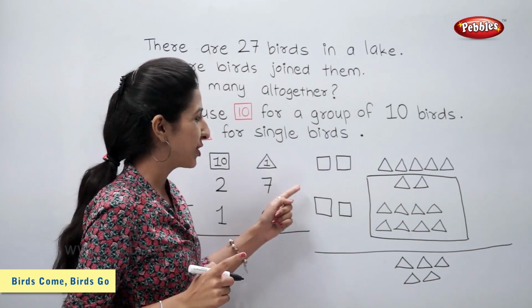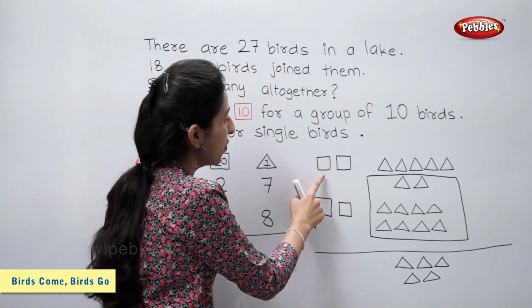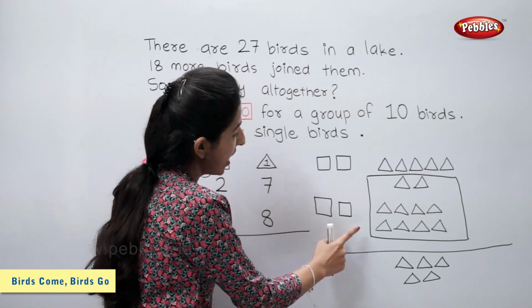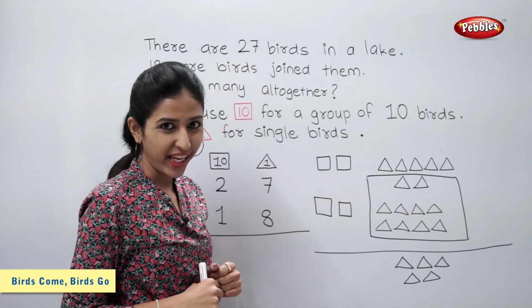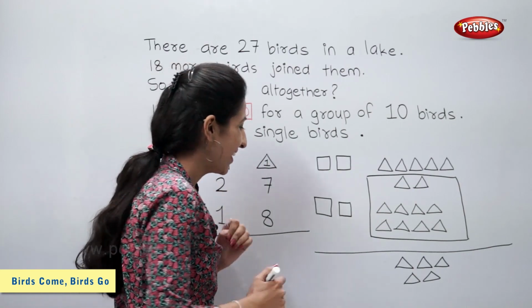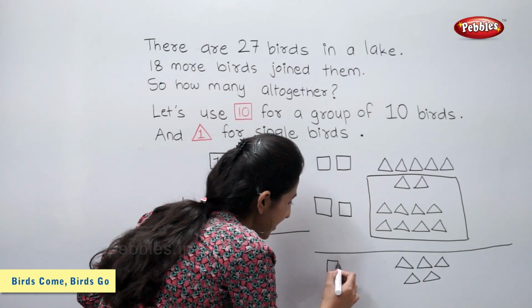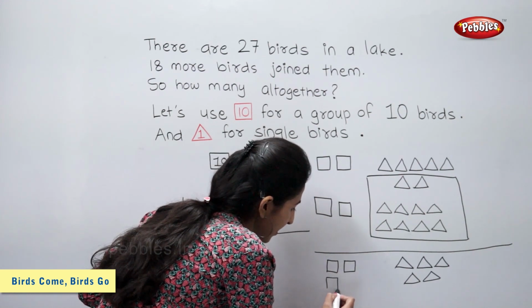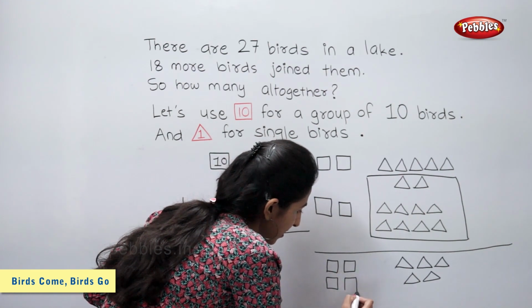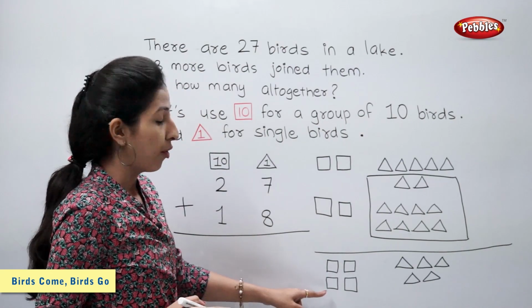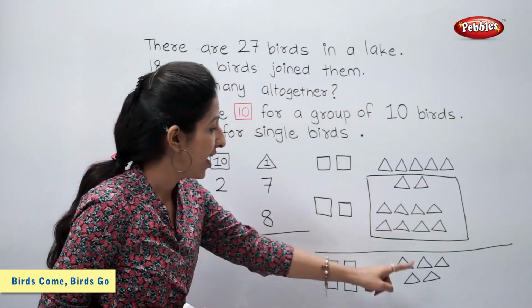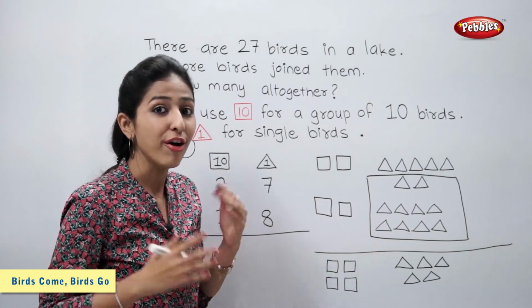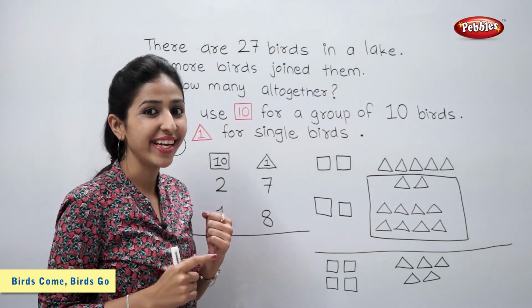That means squares. 1, 2, 3 and 4. So we have 4 squares. Four squares, 5 triangles. So there are total 45 birds altogether.